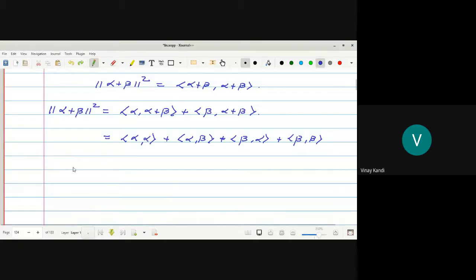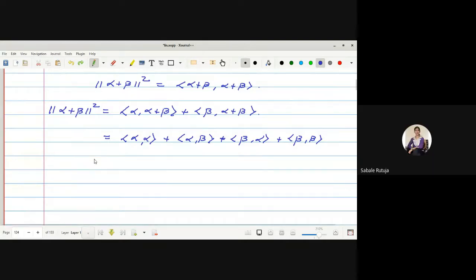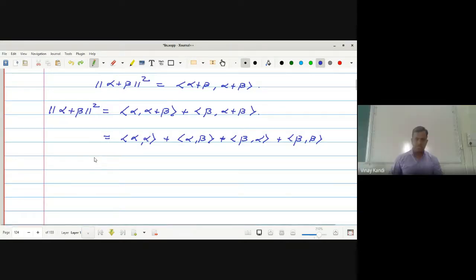So this inner product is alpha alpha, alpha beta, beta alpha, and beta beta. Any doubt? This comes from the linearity property in the second variable. The second scalar is 1 and 1 bar is 1.